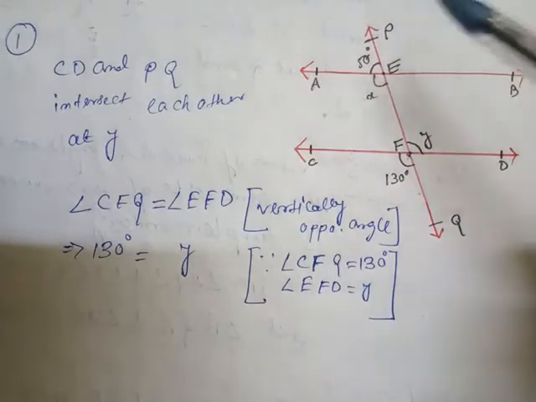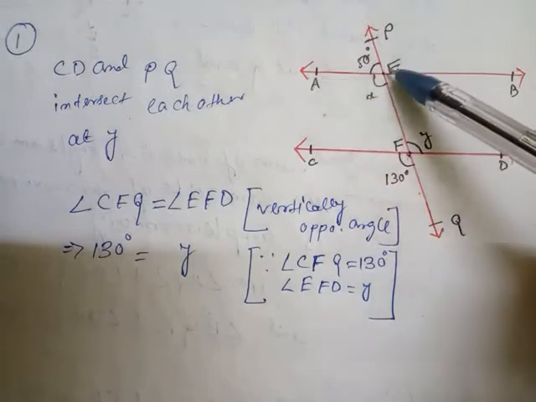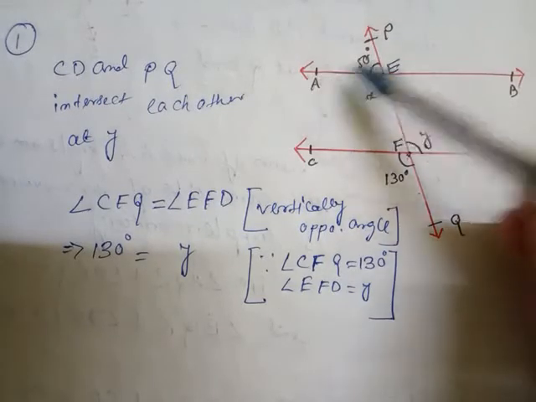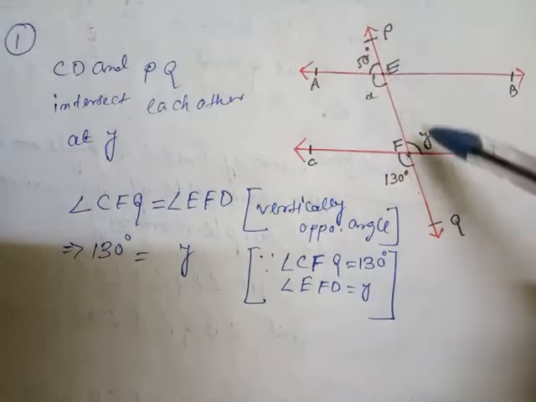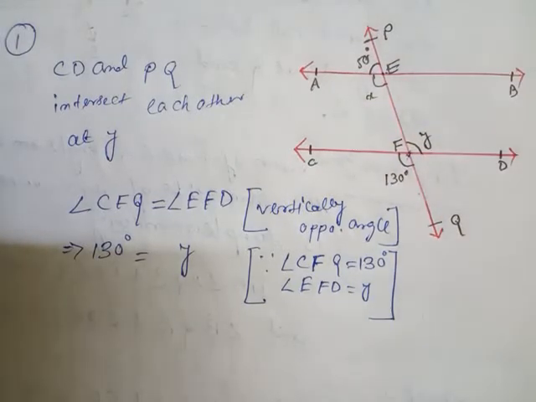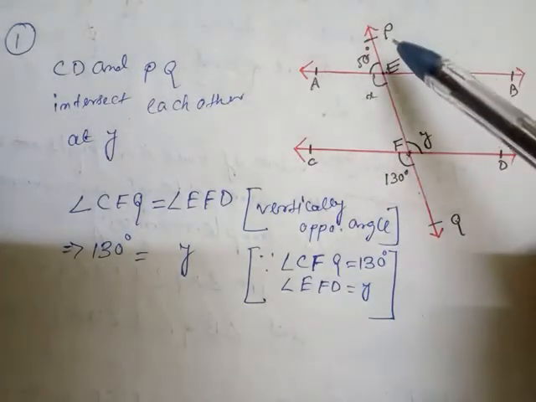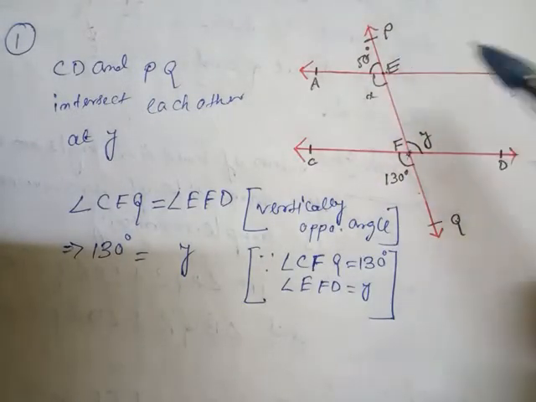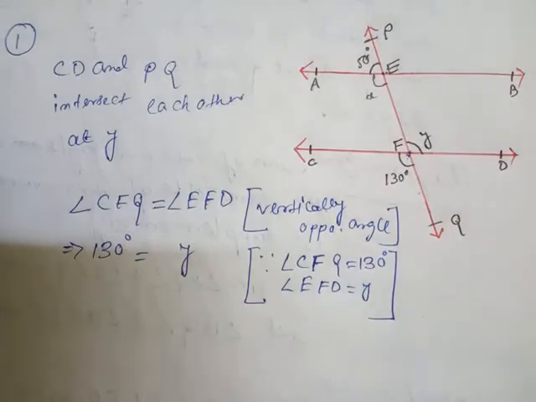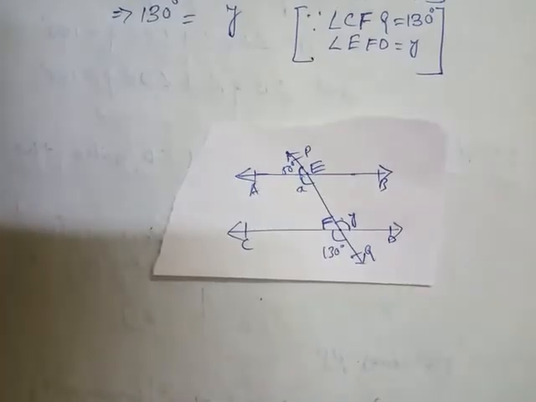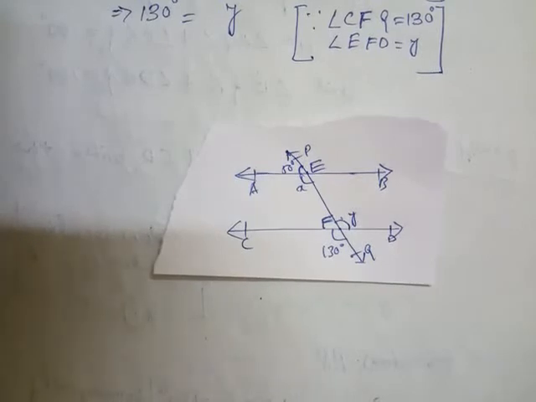Now look student, angle AEP plus angle AEF, this is a linear pair. Now AB is a line, and PQ intersects it at the point E. Look student, I have drawn this diagram on a small piece of paper so that I can solve these questions very easily by looking at this diagram.